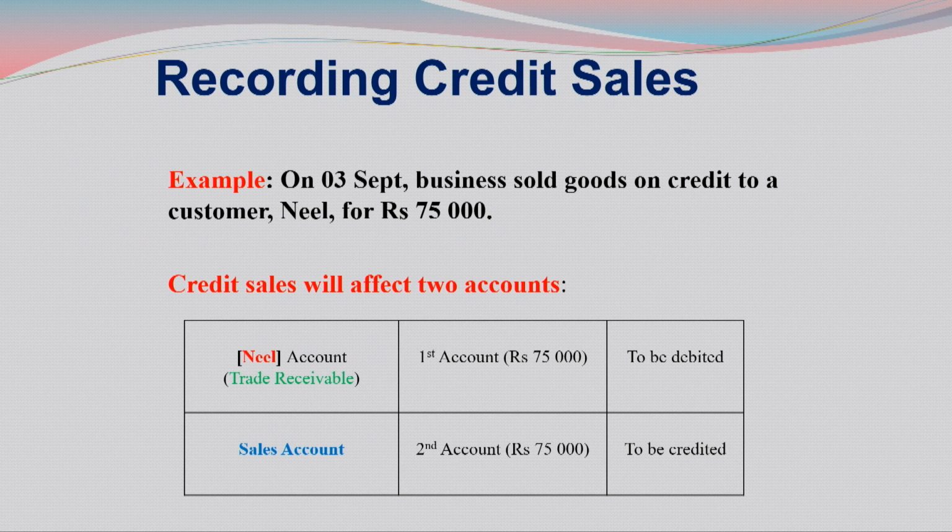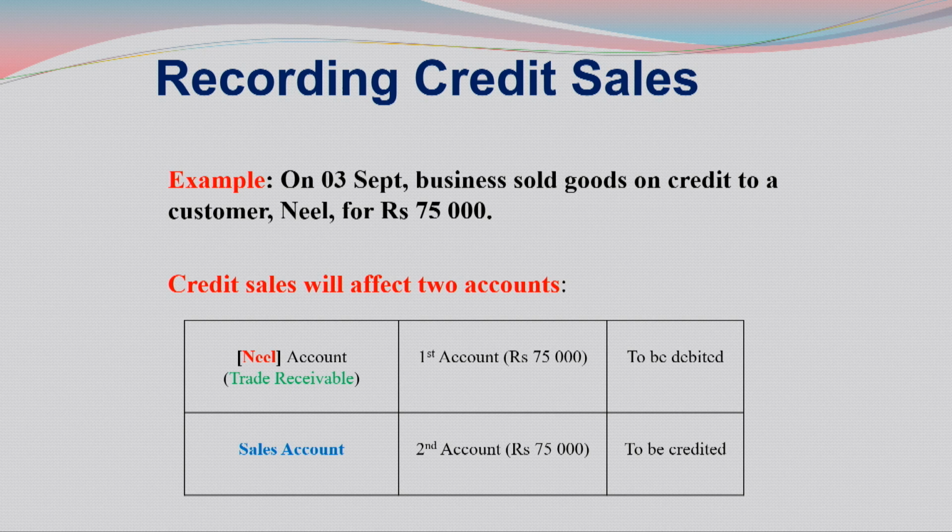An example of a credit sale is, on September 3rd, business sold goods on credit to a customer, Neil, for 75,000 rupees. The first account that will be affected will be the sales account.